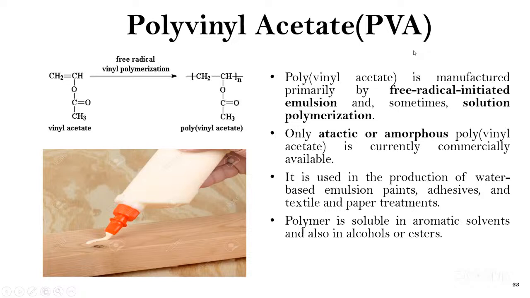Okay. Good evening to everyone. Today, as we are continuing from the last class about the vinyl polymer, we will study a very well-known and popular vinyl polymer, that is polyvinyl acetate.